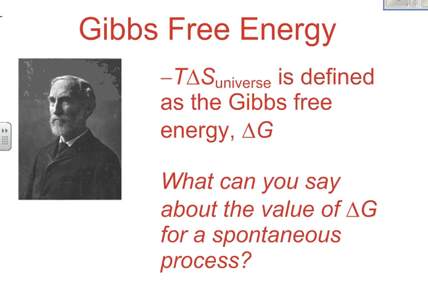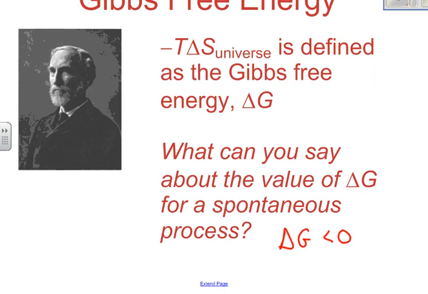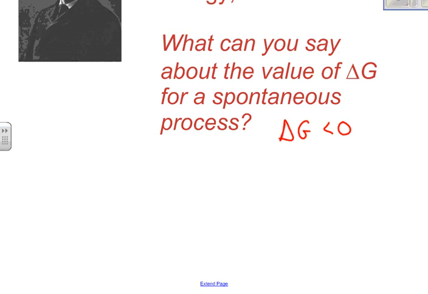So because there's a negative T in front of the delta S, for a spontaneous process, delta G must be less than 0. Delta G being equal to 0 would put us at equilibrium. And if delta G was greater than 0, that would mean that it would be spontaneous in the opposite direction.